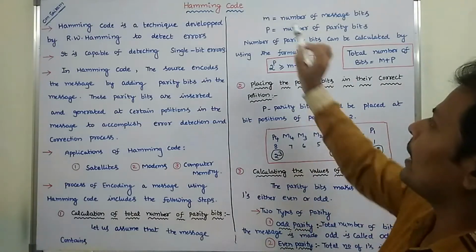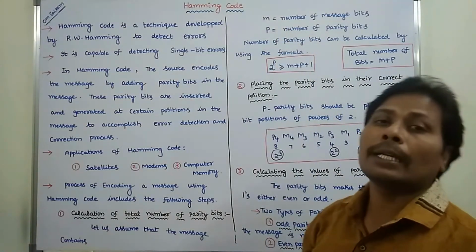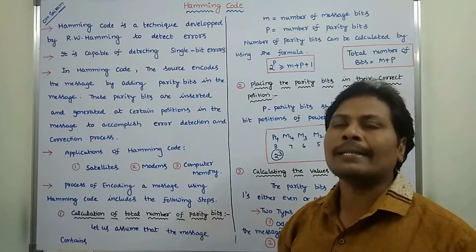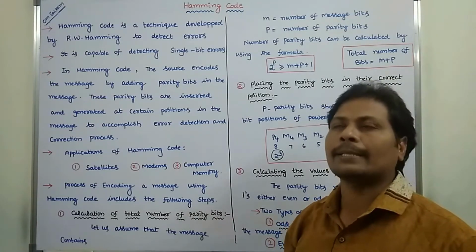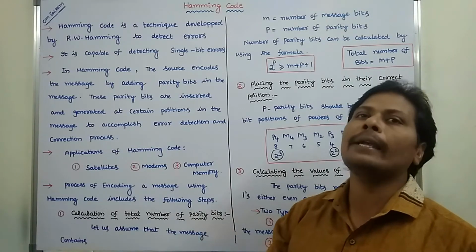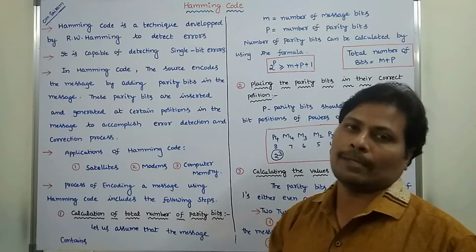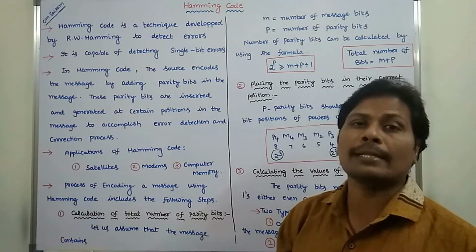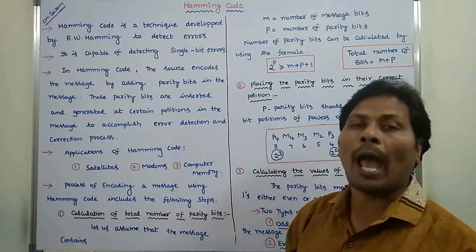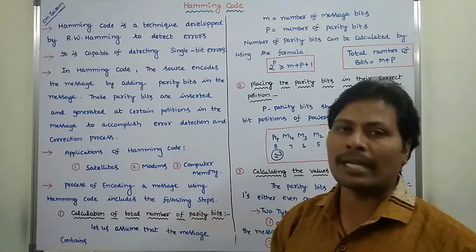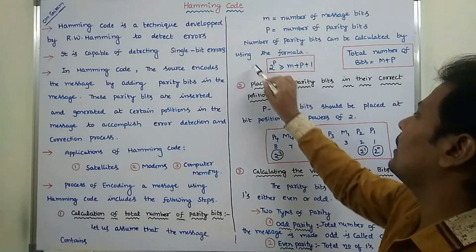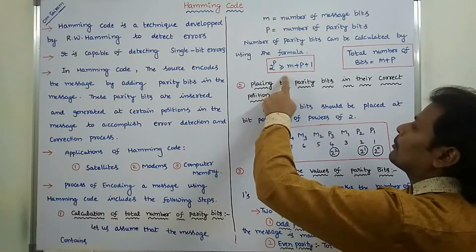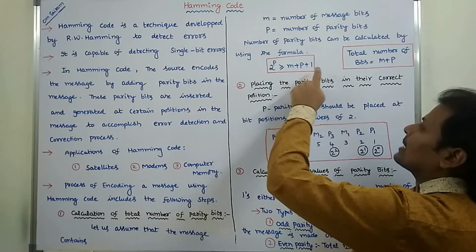Here P is nothing but the number of parity bits, the redundant bits we have to add in the message. How many parity bits do we have to add for a given message? By satisfying this formula: 2 power p greater than or equal to m plus p plus 1.